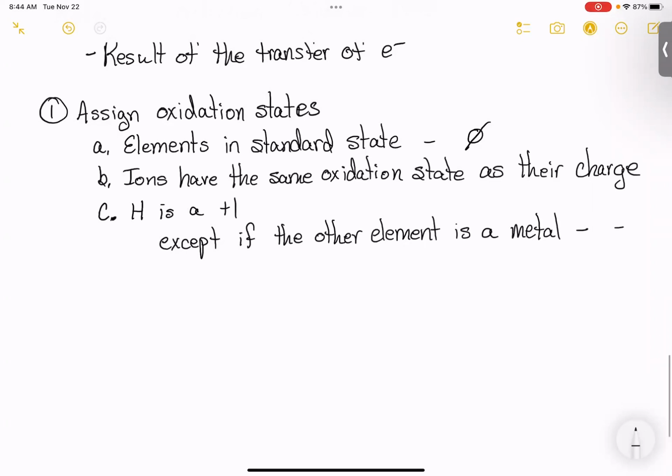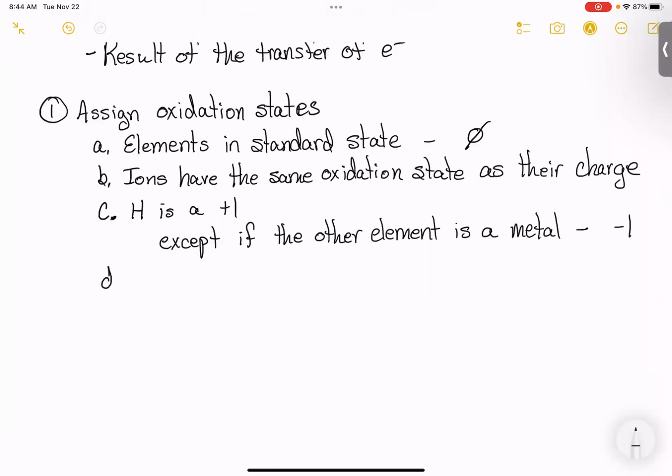Then it's going to be a -1. So in the case of a metal hydride, the hydrogen's a -1. But almost all the rest of the time, the hydrogen will be a +1.